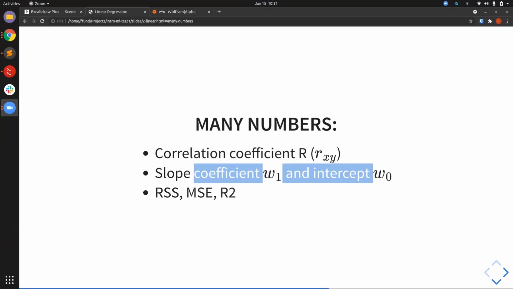Does anyone think it does not tell us about the goodness of the model? Okay, no one wants to explain.